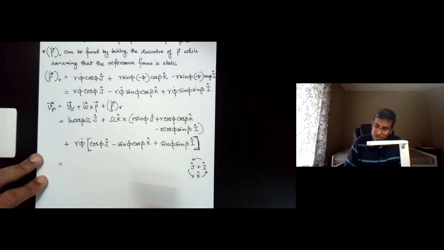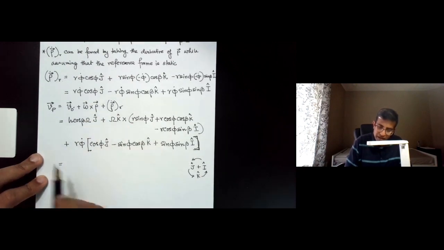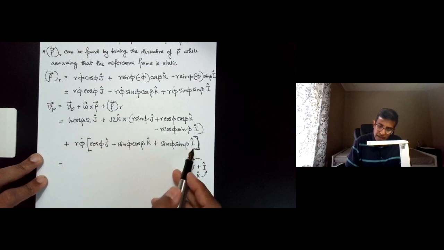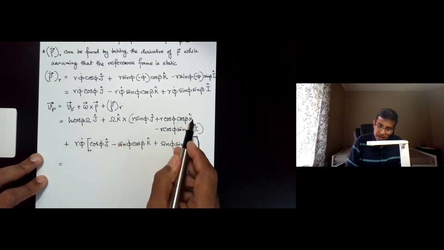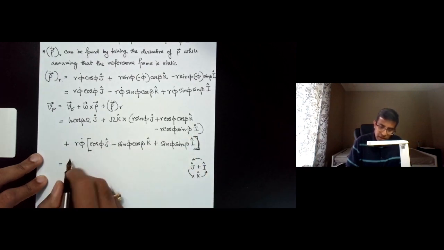So k cross j is going to be minus i, so we will have a minus i term here. I'm going to combine that with this minus i term. k cross k is going to be 0, k cross i is going to give me a j, so there will be two i terms. So let me put them together.